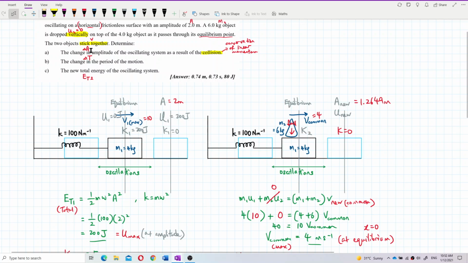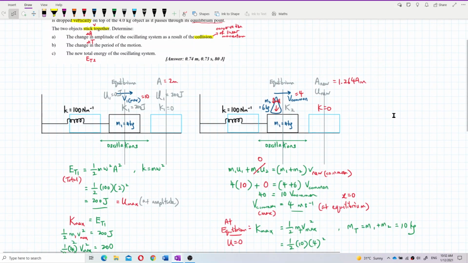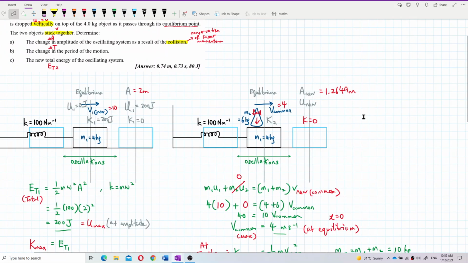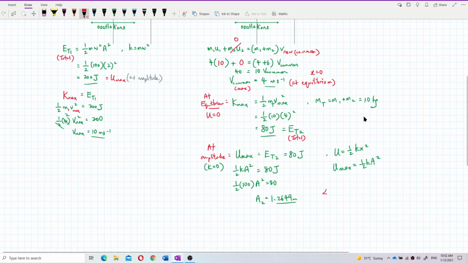So from here we can find the change in amplitude. What's the change in amplitude? Just take final minus initial, A2 minus A1, which is 1.2649 minus 2.